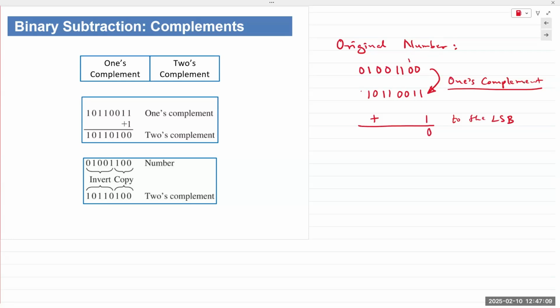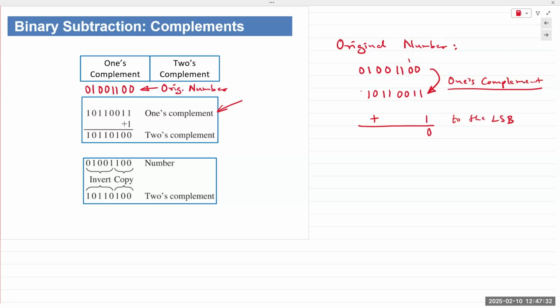So here's the ones complement of the original number. The original number was 0, 1, 0, 0, 1, 1, 0, 0. The ones complement of that original number is 1, 0, 1, 1, 0, 0, 1, 1.